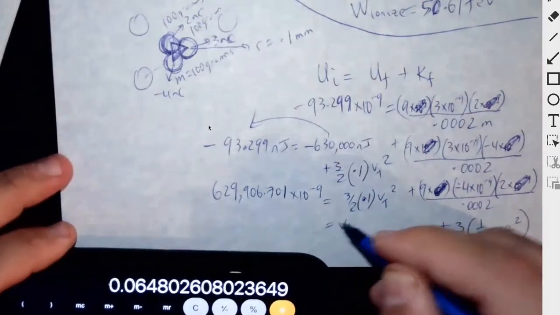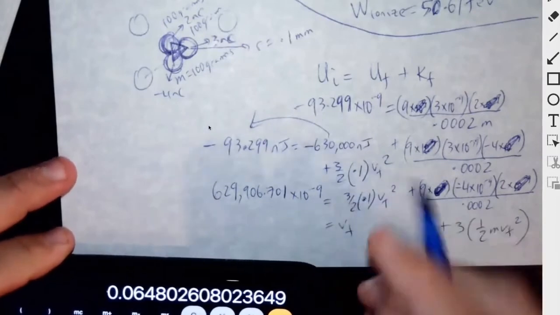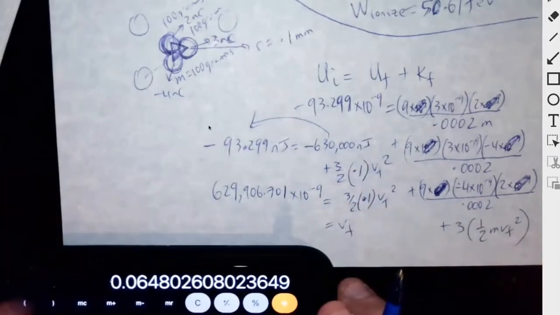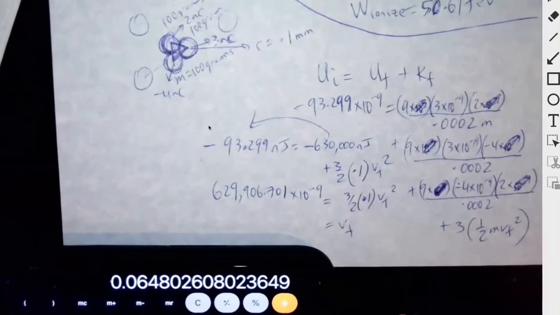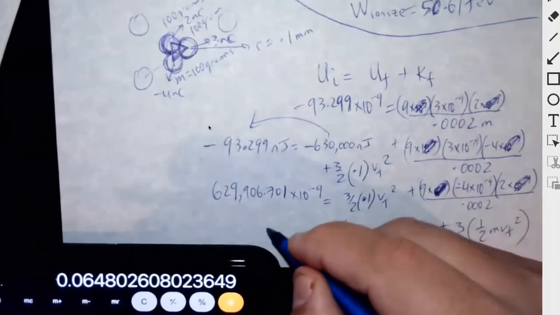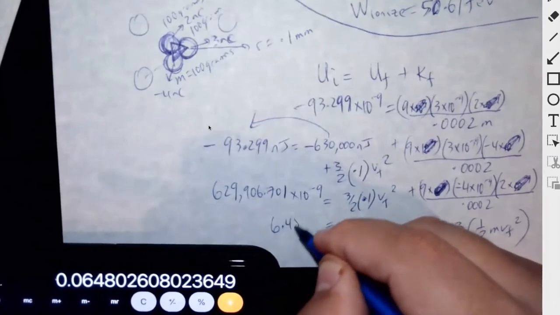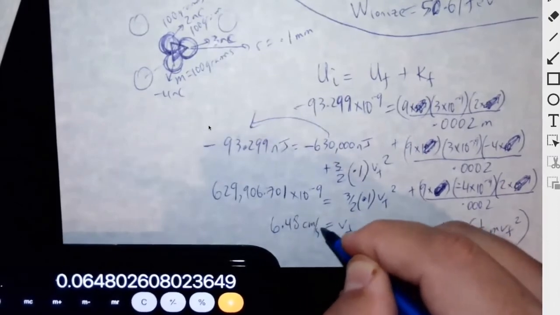The final is going to be in meters per second, so I'm going to convert that to a more appropriate unit, 6.48 centimeter per second.